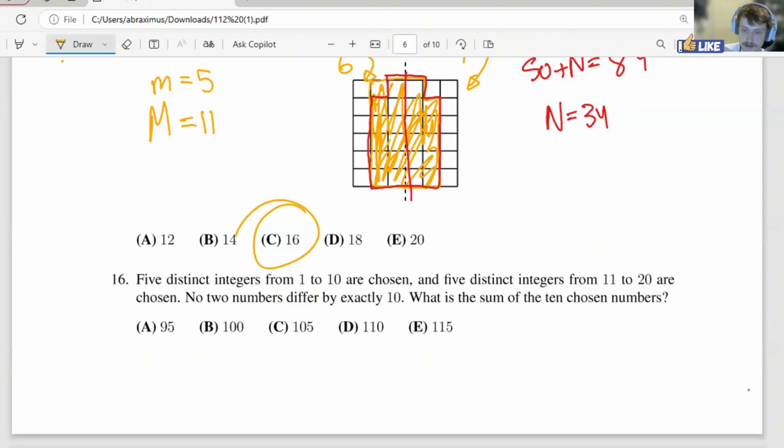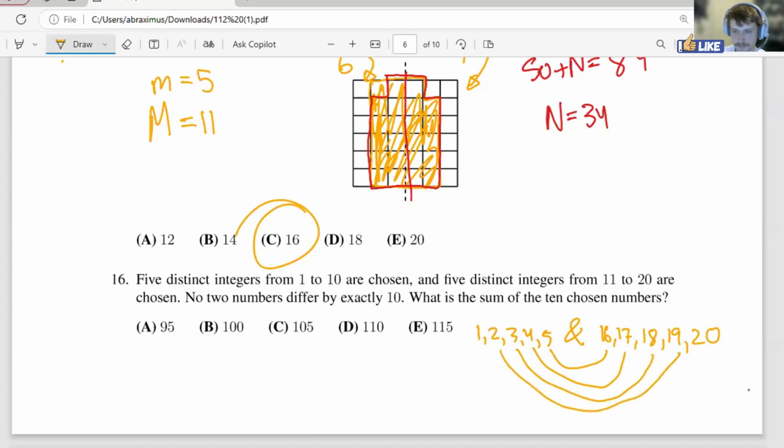So we're just going to do 1, 2, 3, 4, 5, and 16, 17, 18, 19, and 20. Okay, so what happens if we add each of these up? I'm going to do it backwards like this. We get 5 times 21, which is 105.